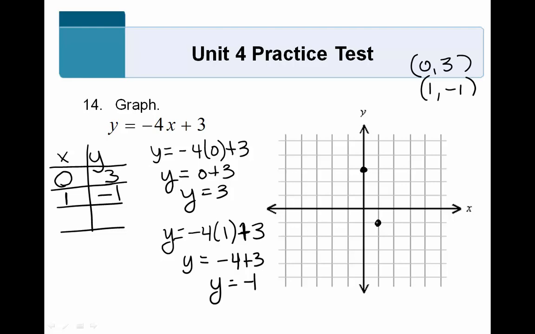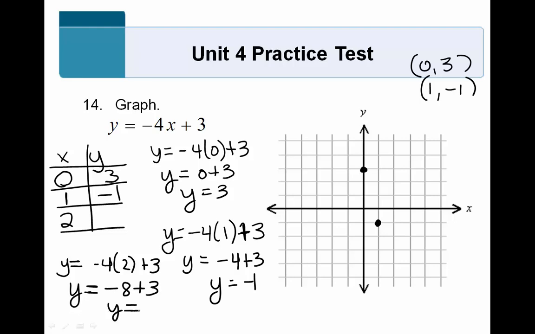And I'll just do one more. I'll do 2. So that means y will equal -4 times 2 plus 3. That means y equals -8 plus 3, which means y is equal to -5.